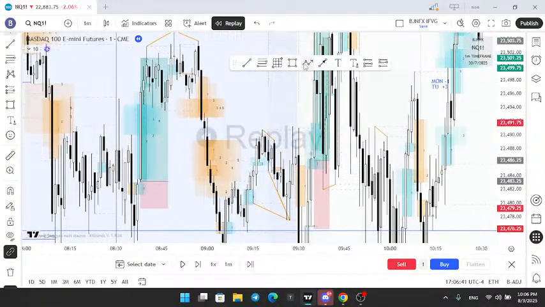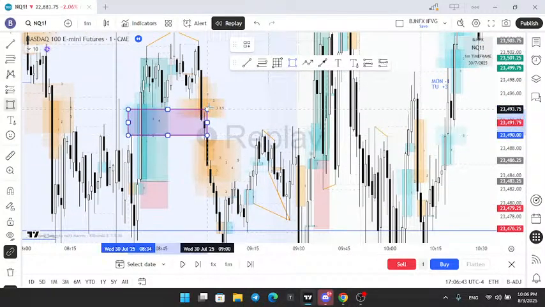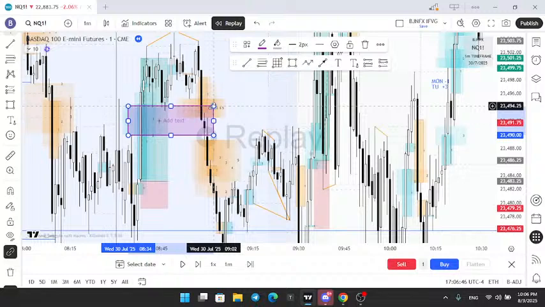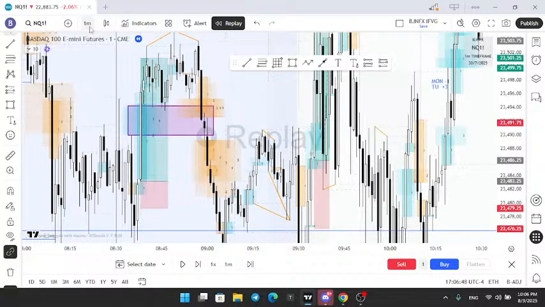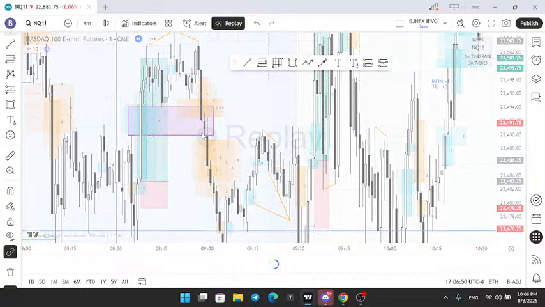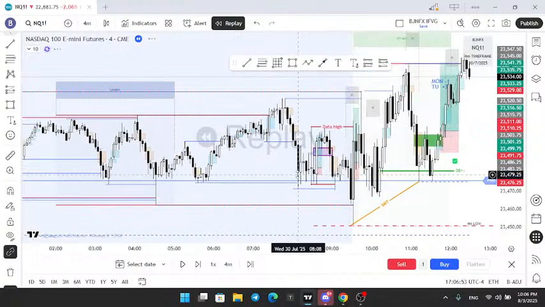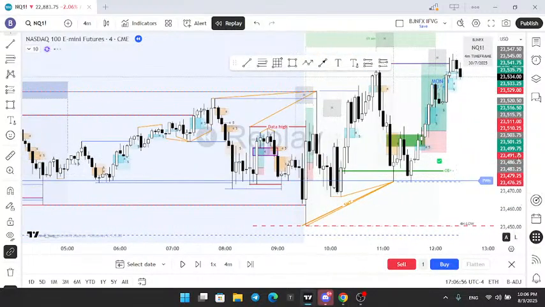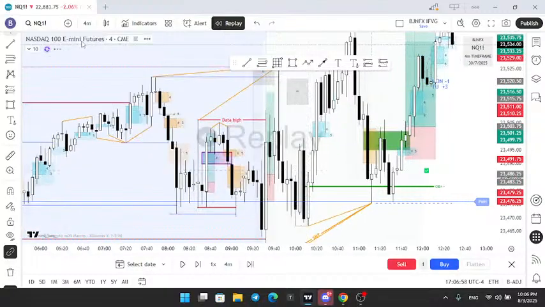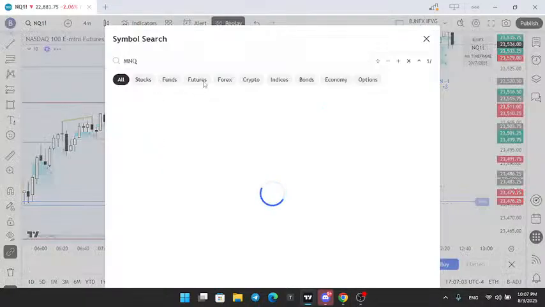I forgot about this. We had this 4 minute setup here. That was a sweep, maybe on MNQ.